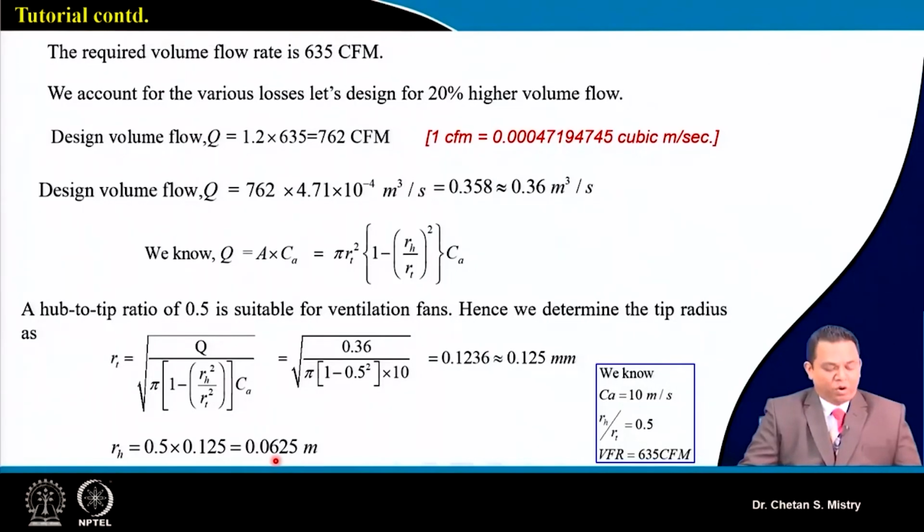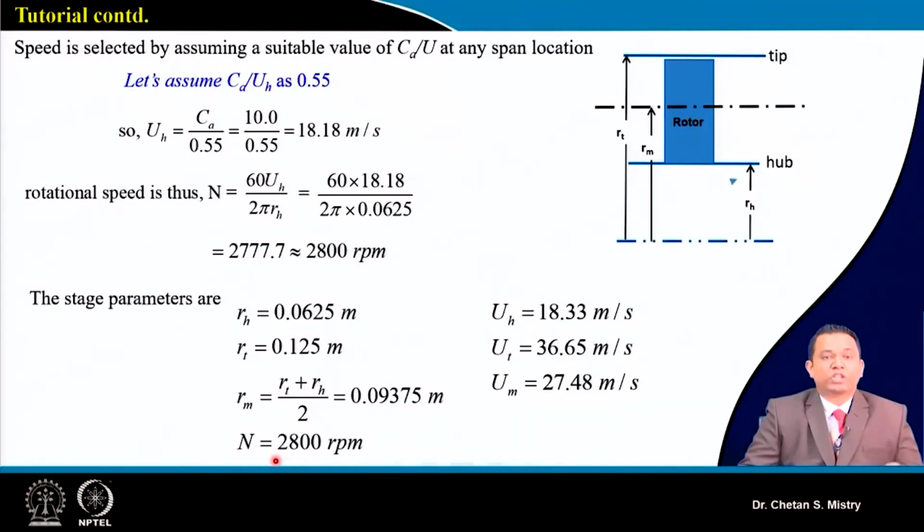Once the hub diameter is known, our next requirement is to check the peripheral speed, or decide the rotational speed. Here also we have a number of options.